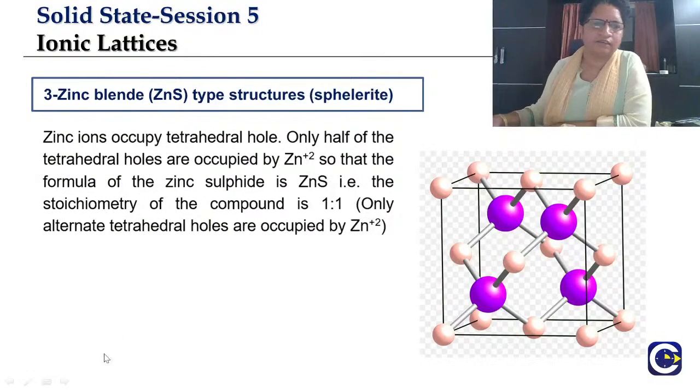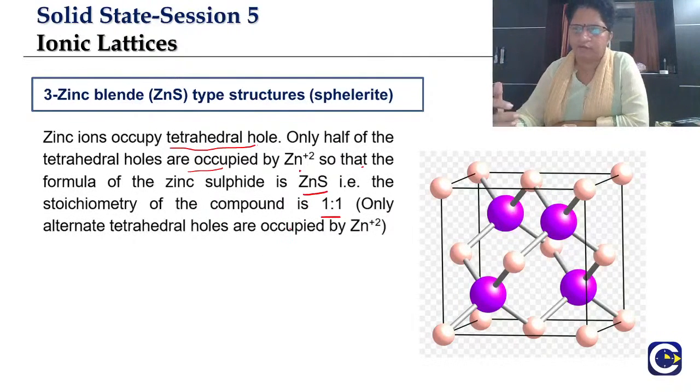Okay, let's take the zinc sulfide structure once again. Zinc ions, I was telling you, they occupy the tetrahedral hole. Only half of the tetrahedral holes are occupied by zinc, so that the formula of the zinc sulfide, I was telling you right in the beginning itself when the tabular column was given, it will become 1:1.